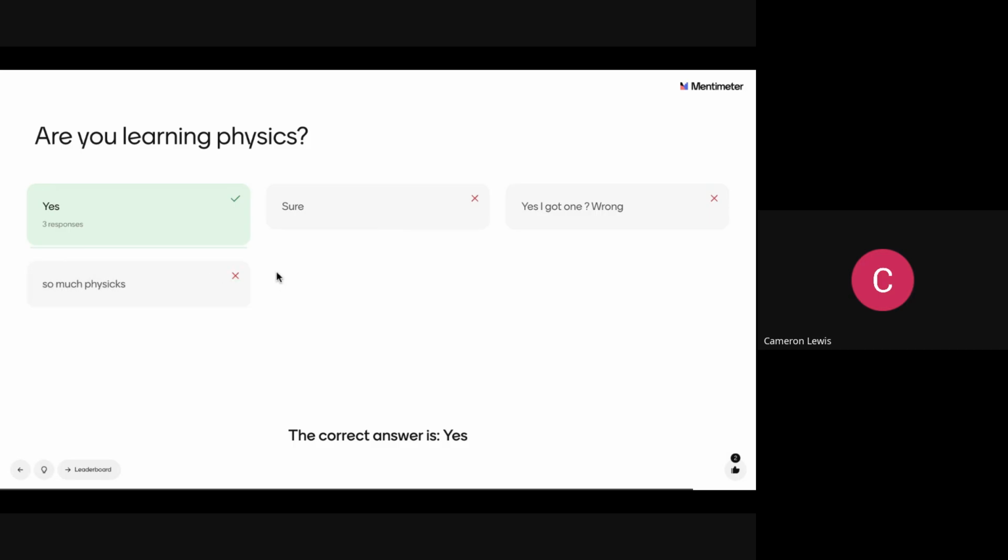So much physics. That's hilarious. Yes, I got one wrong. The correct answer was yes. I just had to make a correct answer. I just really wanted to know what y'all were learning.